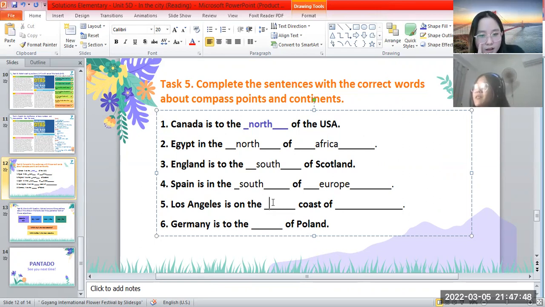Los Angeles is on the west coast of... It is in America, but in North America or South America?